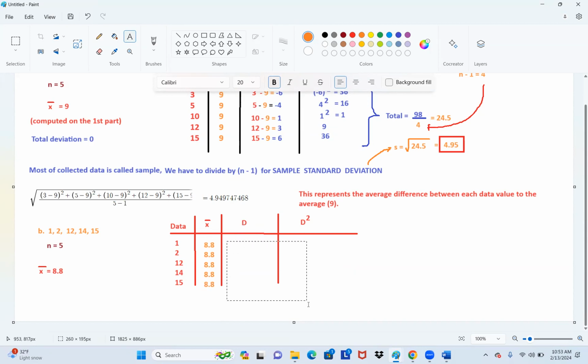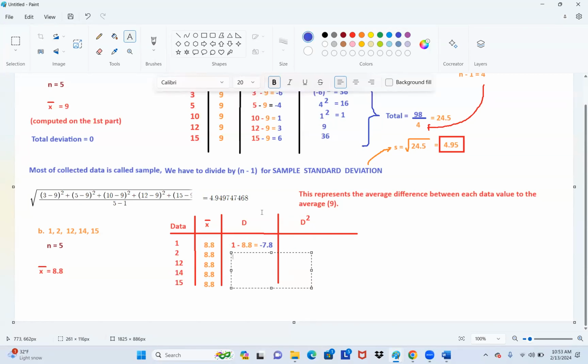After that, we take each data point minus the mean. So 1 minus 8.8 gives us negative 7.8.